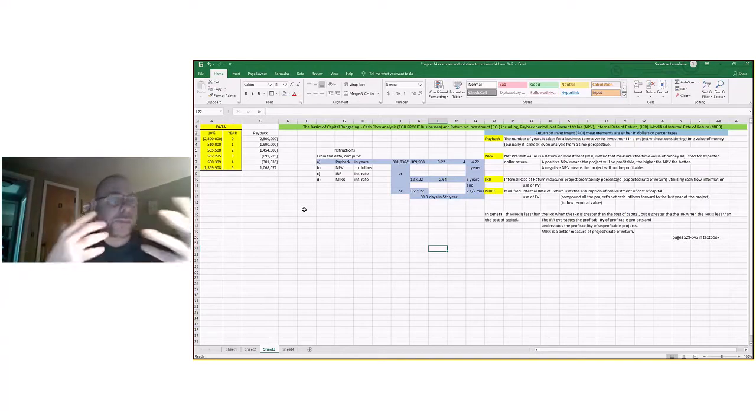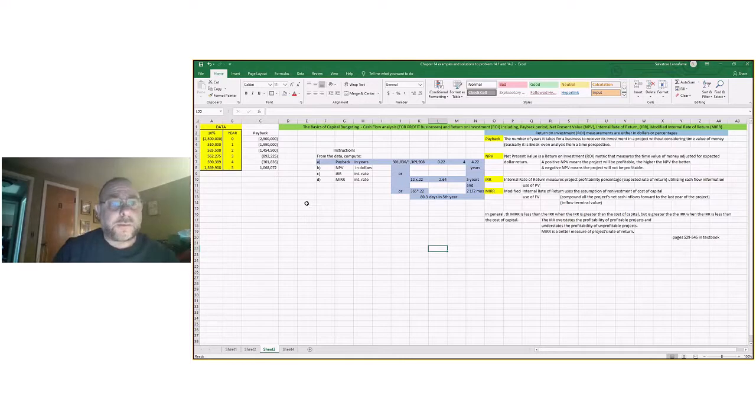If we wanted to calculate present value, same thing. Same thing with NPV, same thing with IRR, and the same thing with MIRR, which is really cool. So let's go ahead and do that. So let's calculate the NPV. I'm just going to write NPV over here. And actually, I'm going to skip a line.